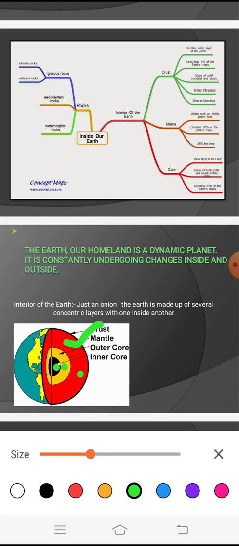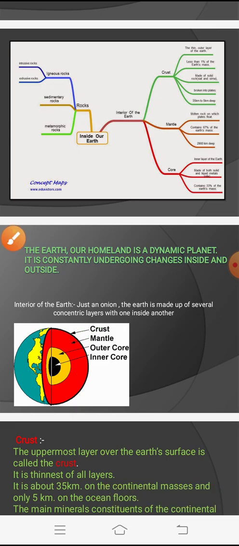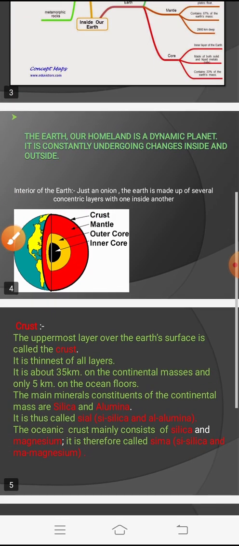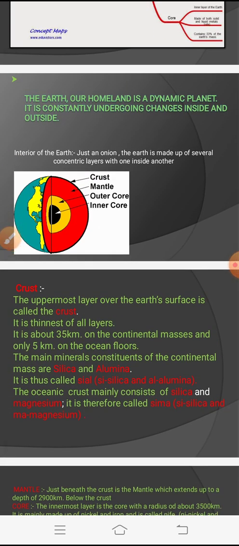Yellow color shows the outer core and the black spot is the inner core. These are the layers of earth: crust, the outermost layer, then mantle, outer core and inner core. These are important layers.